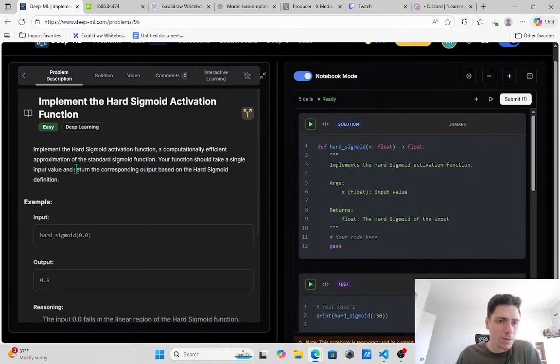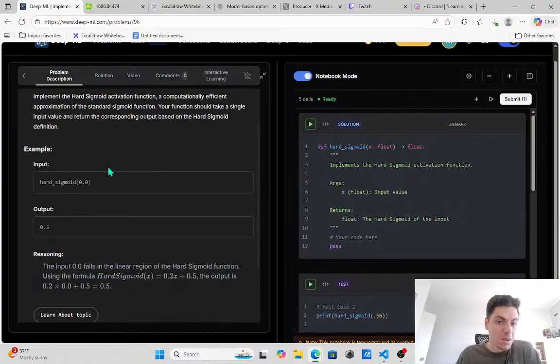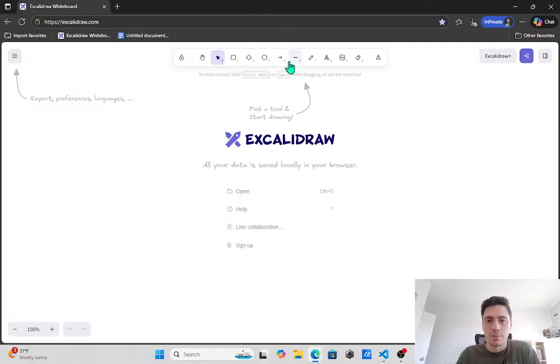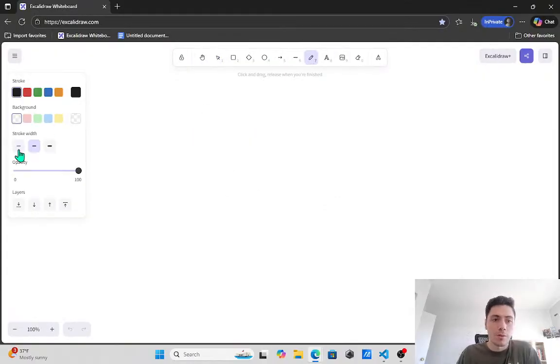Let's solve this question. I actually don't know what a hard sigmoid function is. Let's go to regular sigmoid first and start there. Regular sigmoid looks like an S. Well, not actually like an S, not that much like an S, maybe more like that.